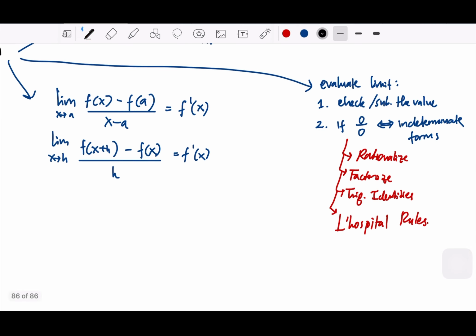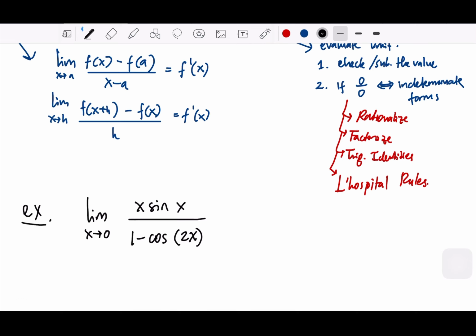Now, if we are given a question that is just this, and since it's trigonometric, we can think of some identity, or if you want to directly answer, you can just try to check whether it's indeterminate form or not.